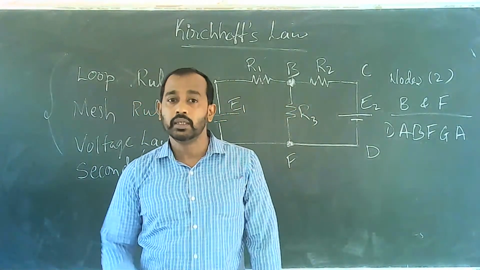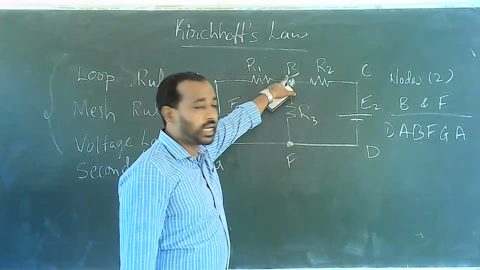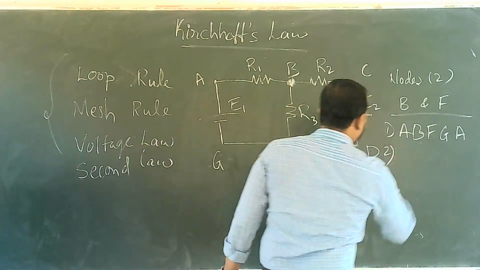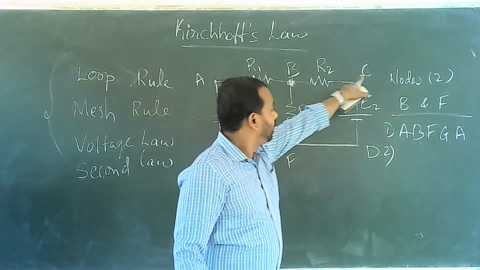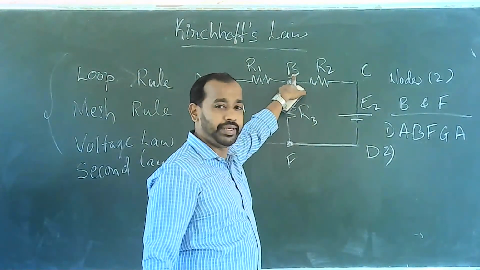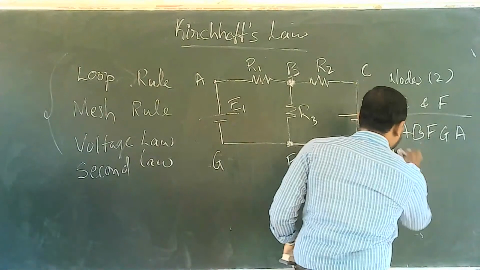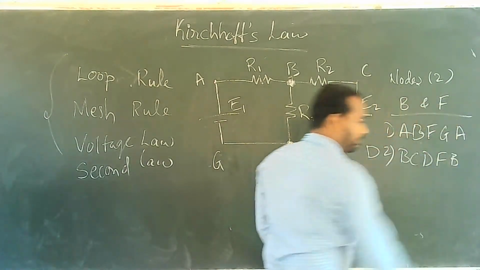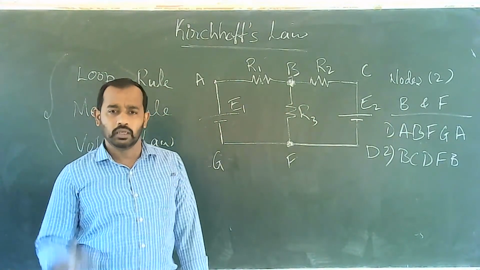Are there any more loops? Yes, the second one, starting from B. Second loop: B, C, D, F, B. So I will write it as B, C, D, F, B. Are there any more loops?